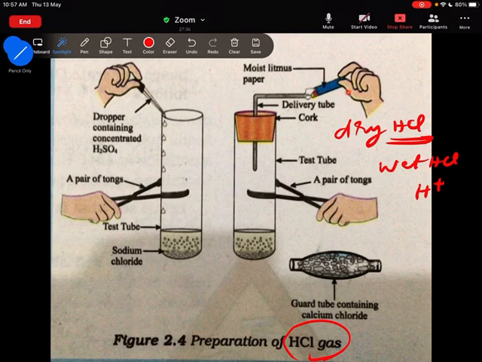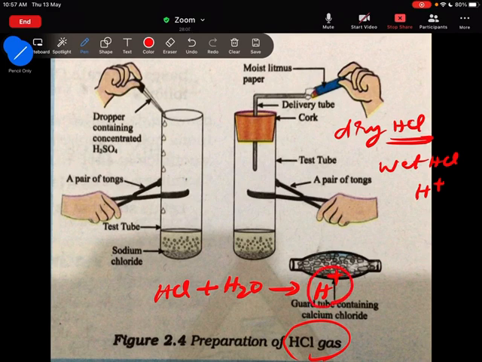So, what can we show? HCl can show the properties of an acid only in the presence of water, only in the presence of moisture. HCl can produce H plus ions only in the presence of water. What happens to an acid in a water solution?